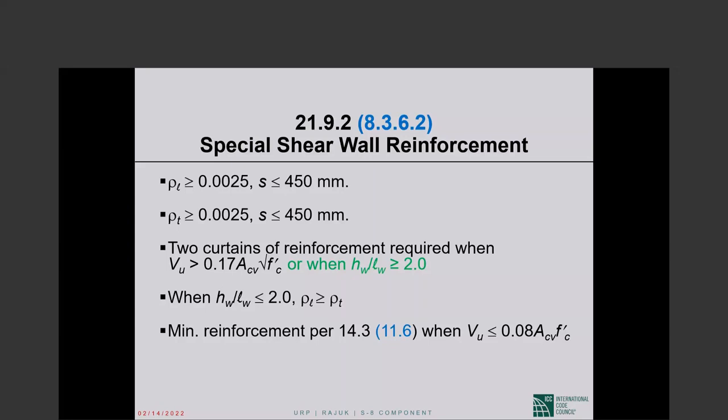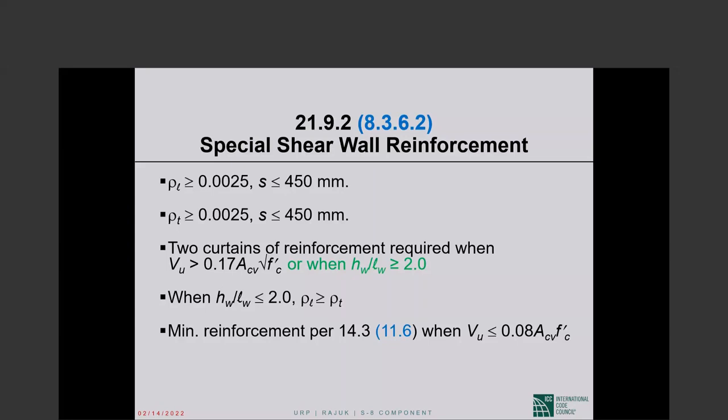Okay. Now, 318.14 says if the height to length ratio of your wall is larger than or equal to 2, then you need two curtains of reinforcement irrespective of how much the shear is. Okay.